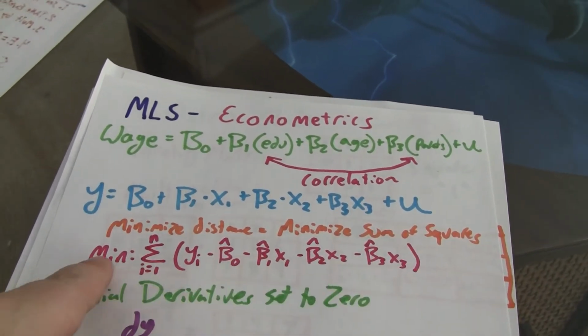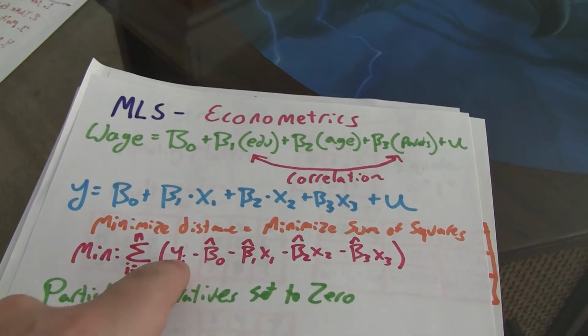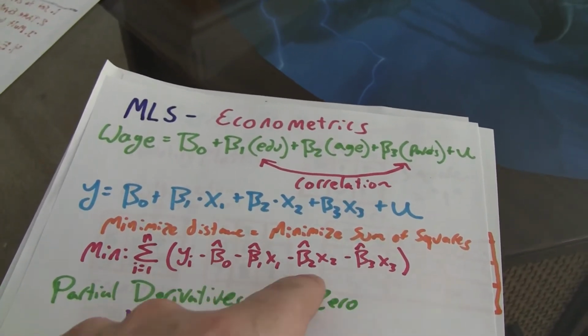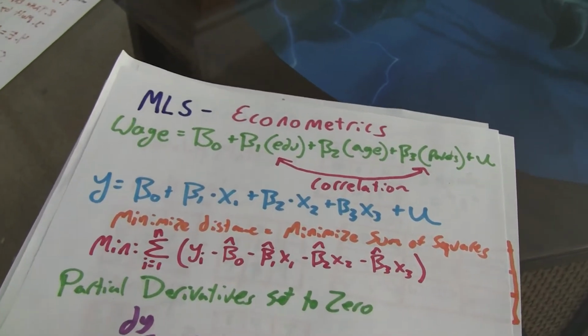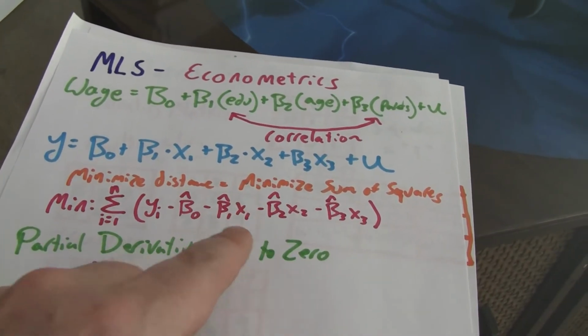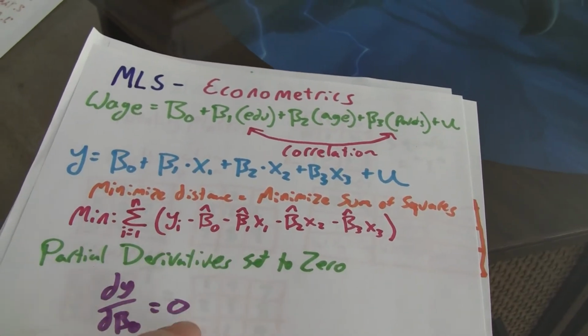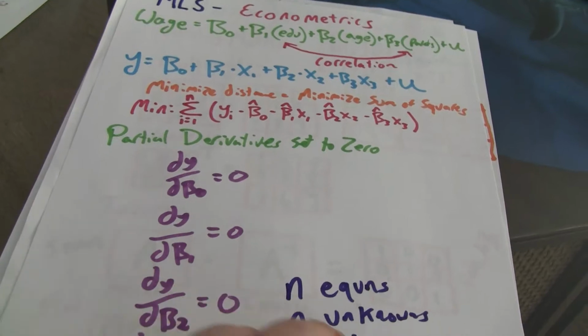This is just like doing the Lagrange, as we've said before. yi is equal to all this stuff is the same thing as yi minus all this stuff is equal to 0, right? So we'll take the derivative of this in terms of all of our betas and set each of those equal to 0, right?